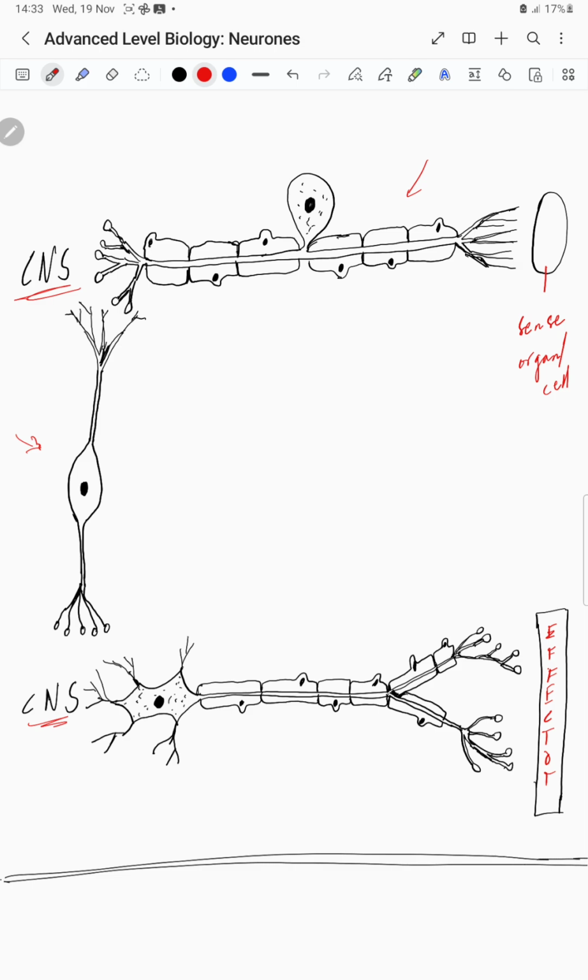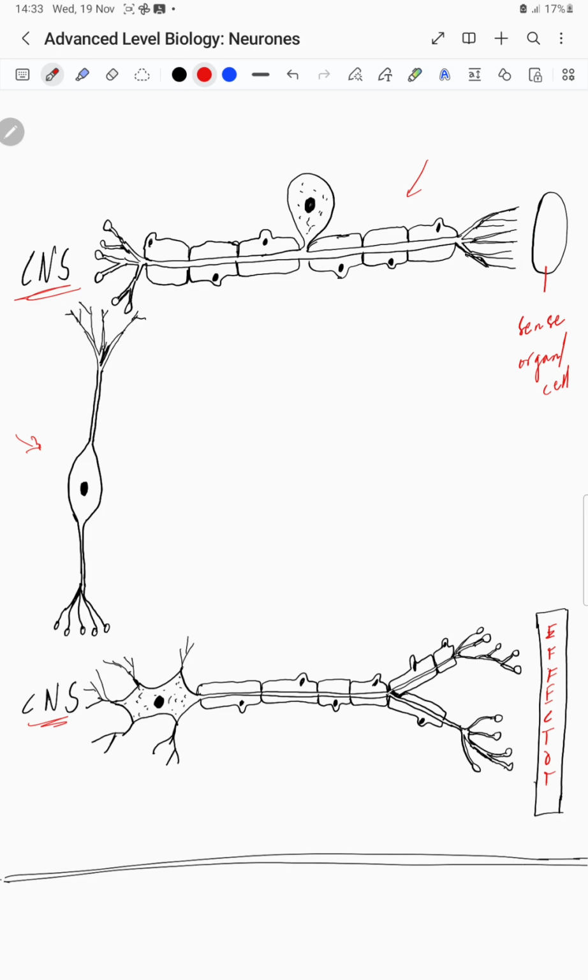We've got the effector. As we have demonstrated from the introduction lecture, there is a stimulus, and the sense organs sense the stimulus.